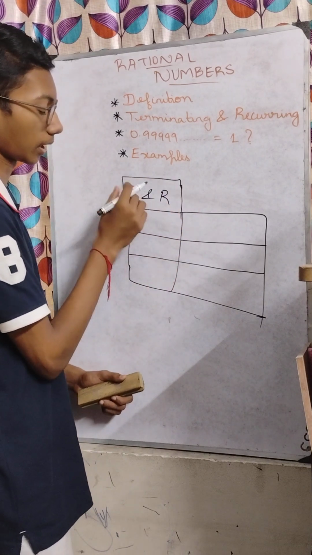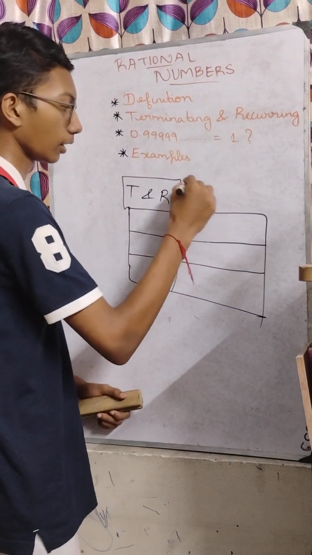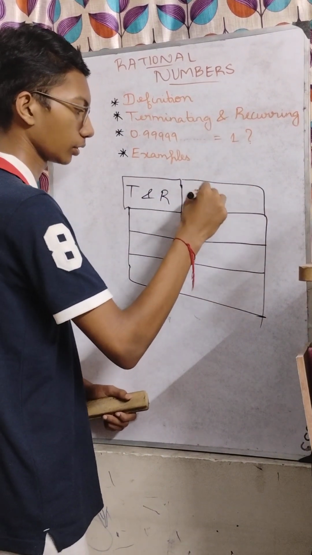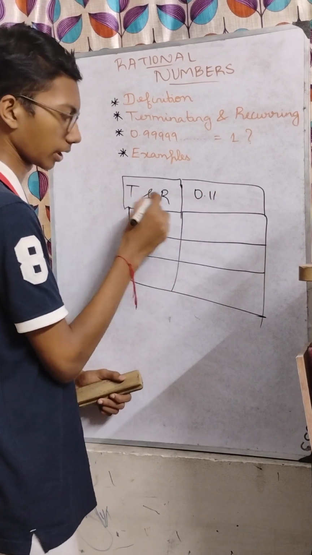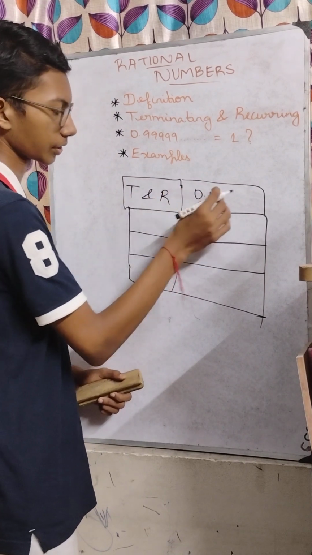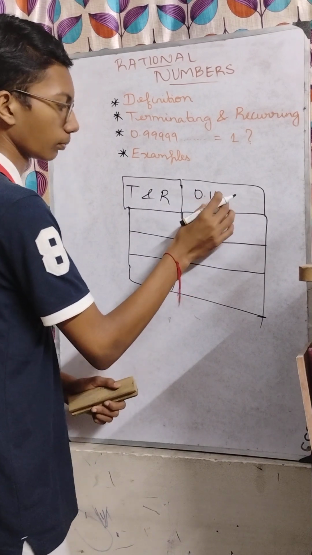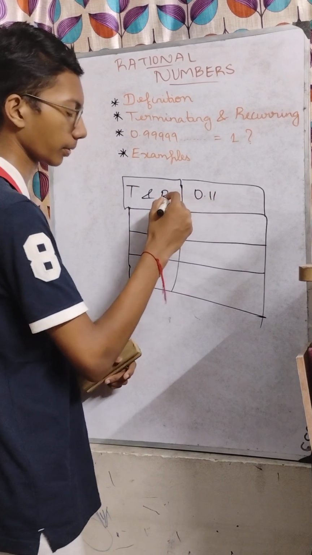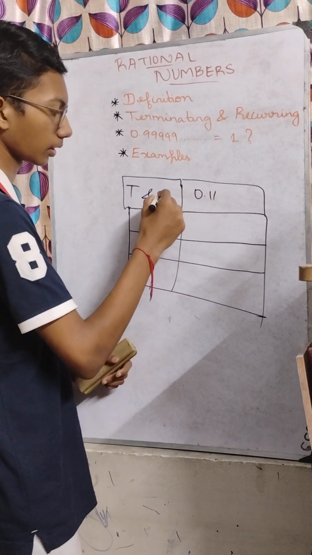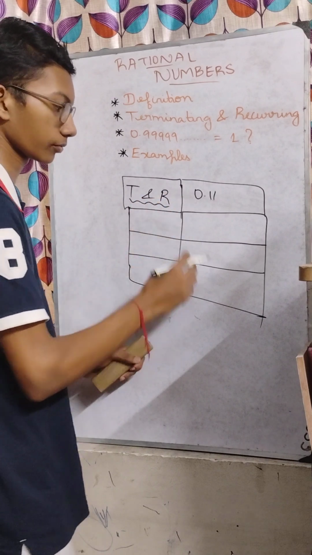Let's say we have a number that is T and R, that is both terminating and recurring. For that we have an example like 0.11 and it stops there. So this is terminating because it stops, and it is recurring, 0.11, so 1 repeats. But this is not officially true that 0.11 is repeating. So terminating and recurring, this is not actually a true form, but all these other forms will be very helpful.